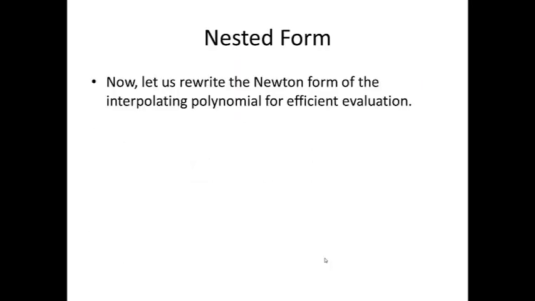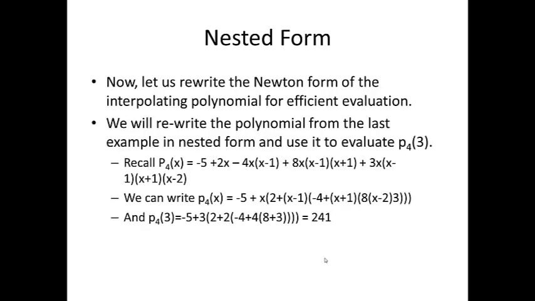So, now, let's rewrite the Newton form of the interpolating polynomial for efficient evaluation. We'll do this by way of example. So what we're going to do is rewrite the polynomial from the last example in the nested form and use it to evaluate p4 of 3.